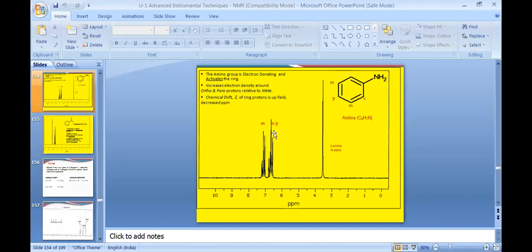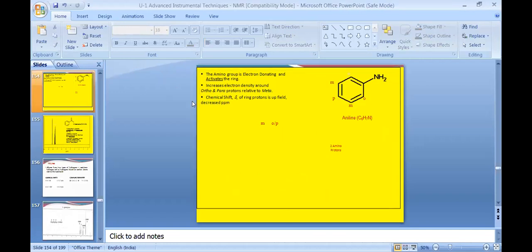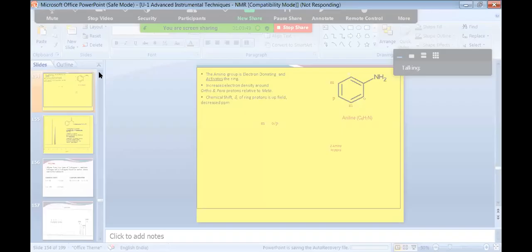Yes, sir. Okay, so I think this will take quite a long time, and we can take it again in another class about the splitting, and the rest of the part we will discuss, I think, in the next class.